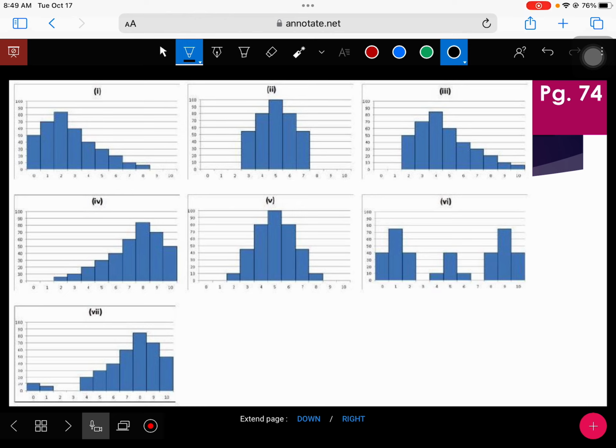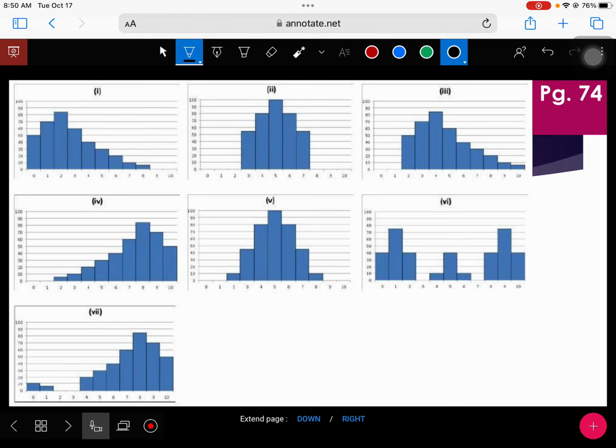Rather, it says for number 1 at the bottom, which histograms have a mean which is greater than its median? Okay, so look at those graphs. And what does that imply about the scores? Remember, the mean always follows the tail, or where it's skewed.